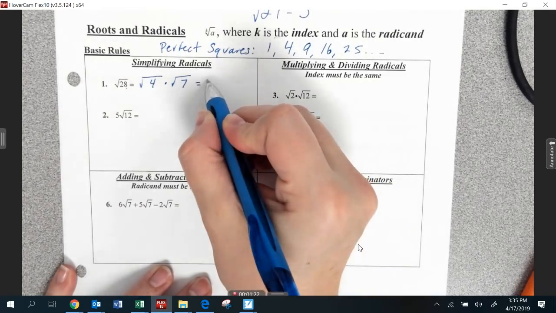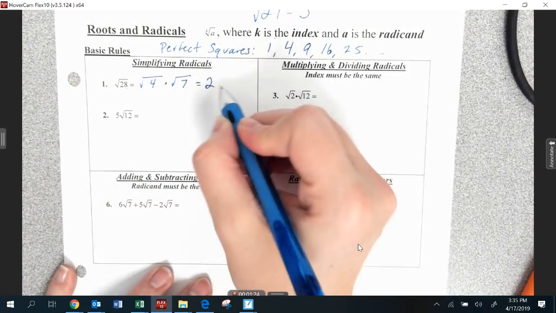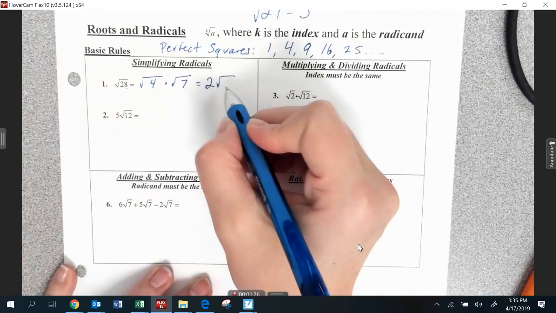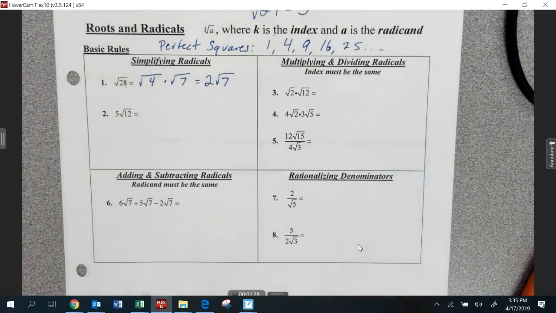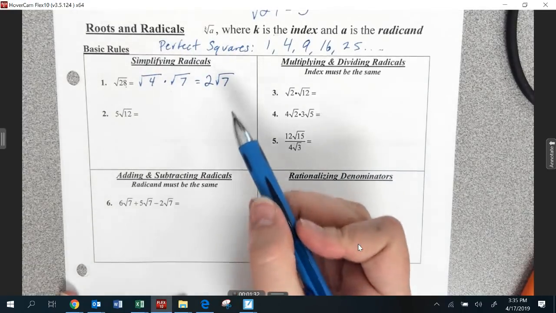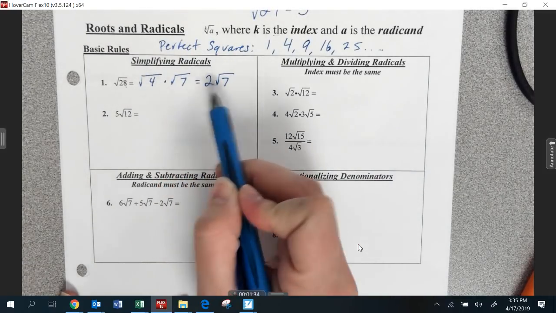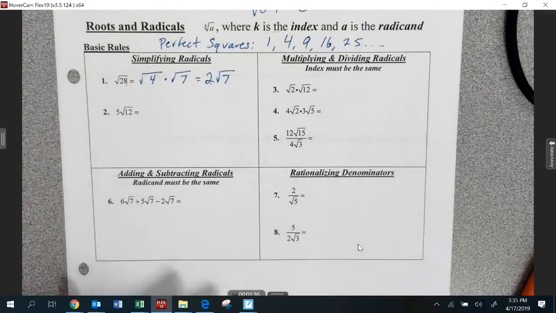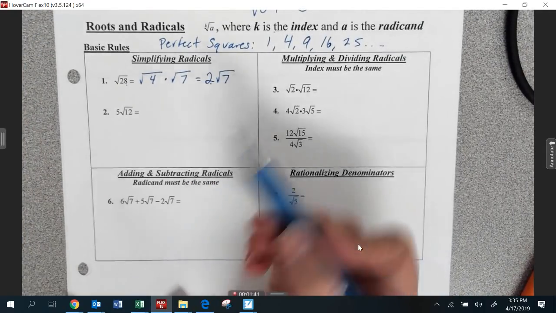Square root of 4 happens to equal the integer 2. Square root of 7 I can't evaluate any further to an integer, so that will just be 2 square root of 7 there. I often will write the square root of 4 first so that the 2 comes out in the front, since you want the coefficient to be up at the front there.